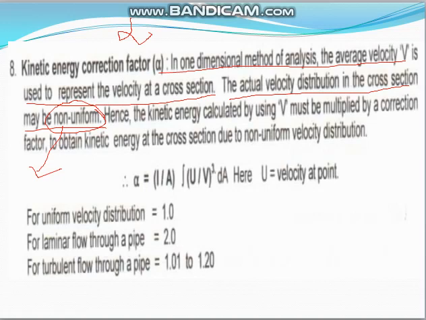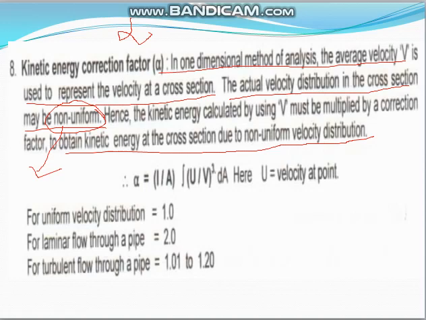Hence, the kinetic energy calculated using the average velocity must be multiplied by a correction factor to obtain the kinetic energy at the cross section due to non-uniform velocity distribution. The kinetic energy correction factor is needed when we calculate kinetic energy, because the actual velocity in the cross section will be non-uniform. For non-uniform velocity distribution, we definitely need a correction factor, the kinetic energy correction factor, denoted by alpha.